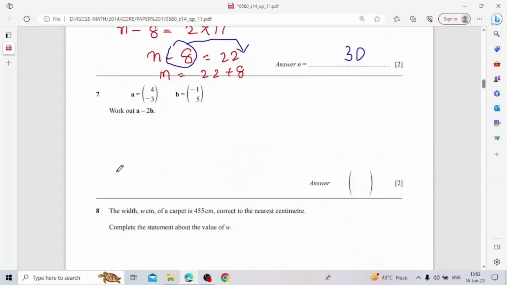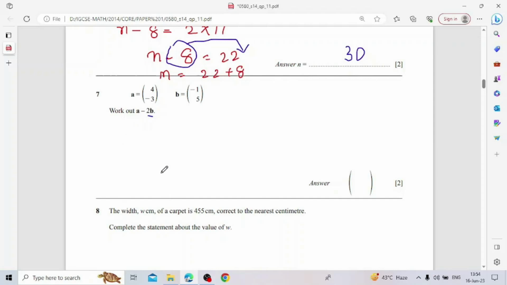Number 7. A is equal to the matrix 4, -3. B matrix is -1 and 5. Work out A minus 2B. So B is multiplied by 2.